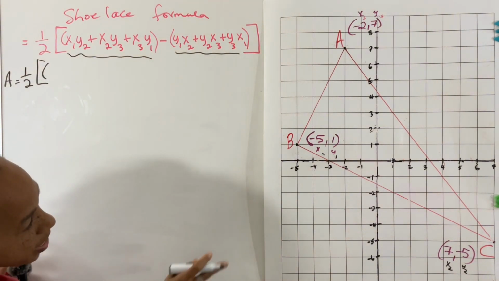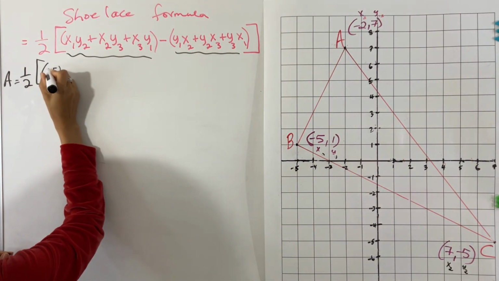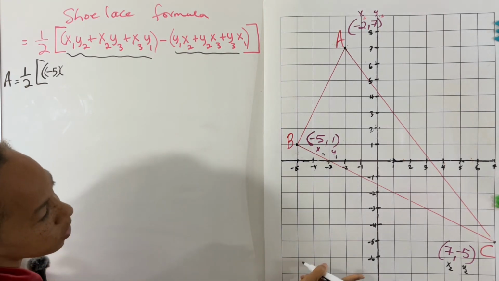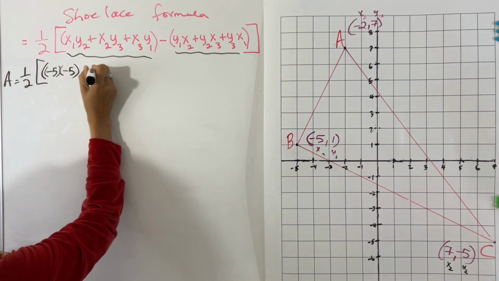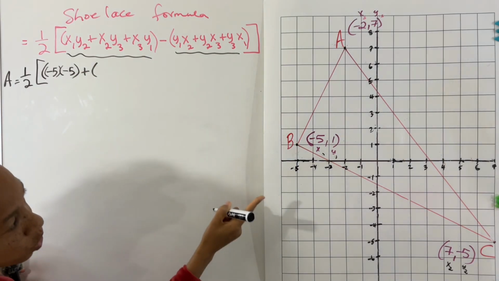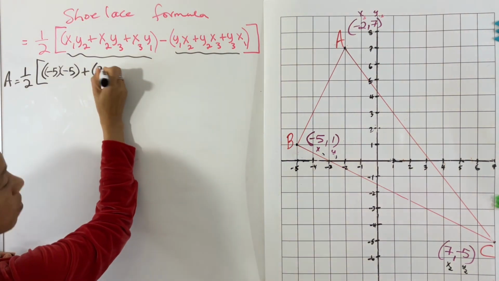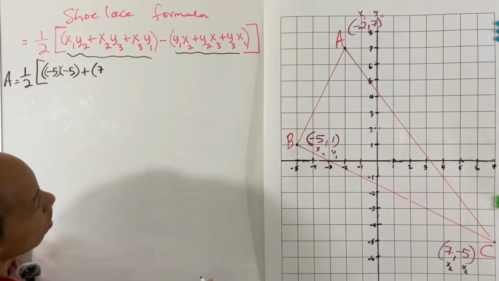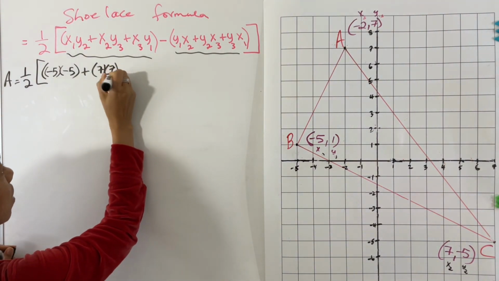So x1 is -5, and I'm going to have -5 times y2. y2 is -5. Plus x2, which is 7, and that 7 is now going to be multiplied onto y3, which is also 7.